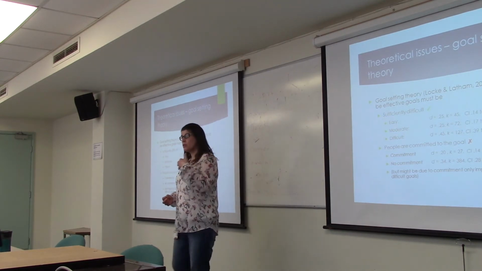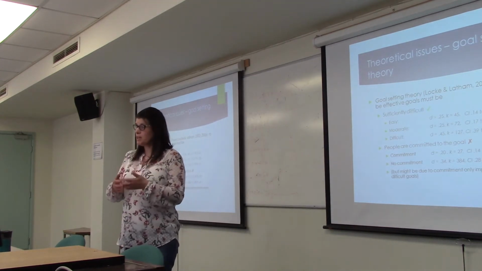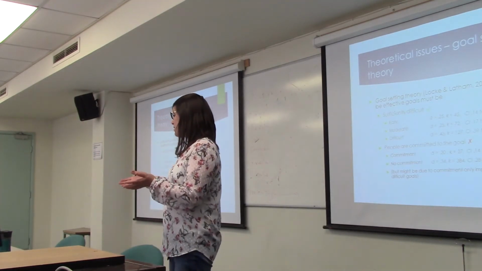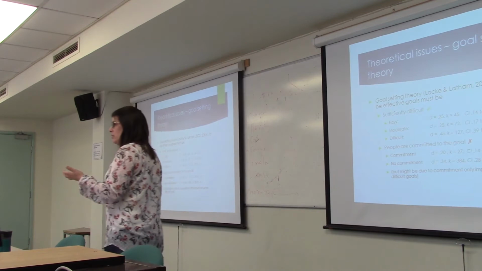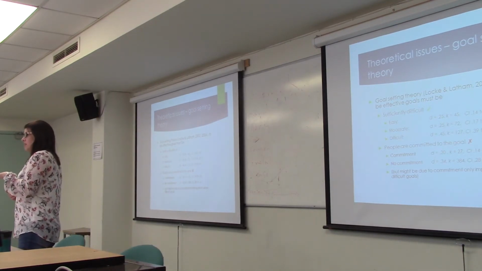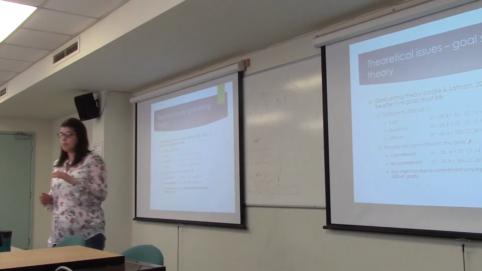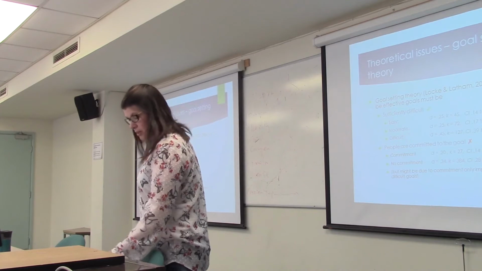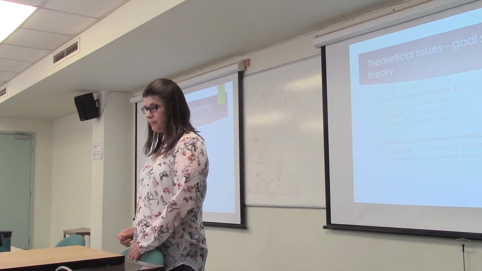But remember, we also got the supporting evidence from when they measured goal commitment as well as manipulating a goal. And when they just did a measure, after people had set the goal, but before they did the task, they found that that actually decreased performance. So we don't think commitment to the goal actually works.